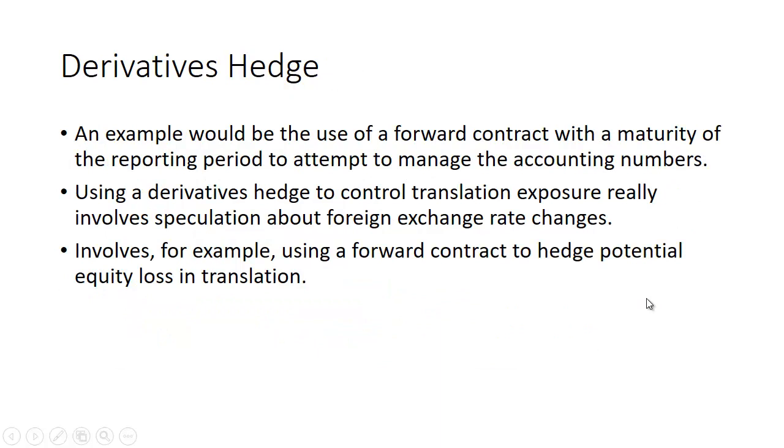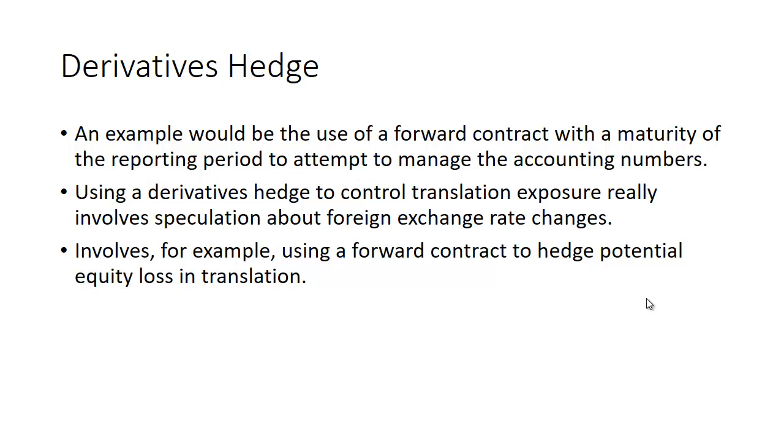The other approach that can be taken is what's referred to as a derivatives hedge. So an example would be to use a forward contract with the maturity of the reporting period to attempt to manage the accounting numbers. Using a derivatives hedge to control translation exposure really involves speculation about foreign exchange rate changes.